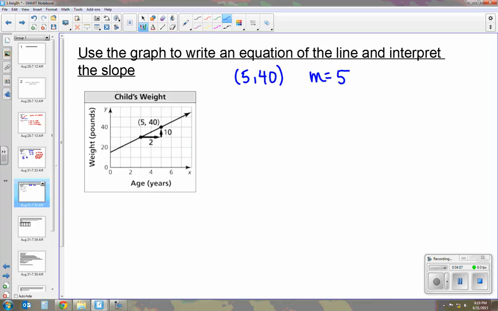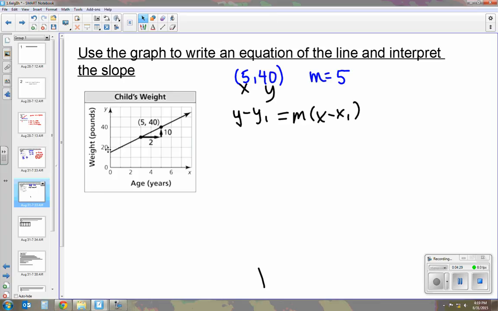Now, if they give us a point and a slope, we can use point-slope formula, or point-slope form. So we have y minus y sub 1 equals m times x minus x sub 1.